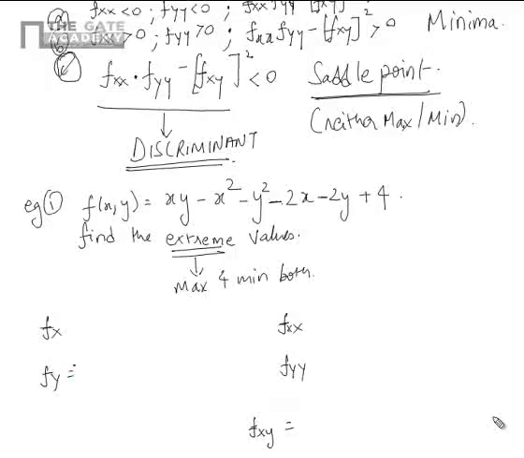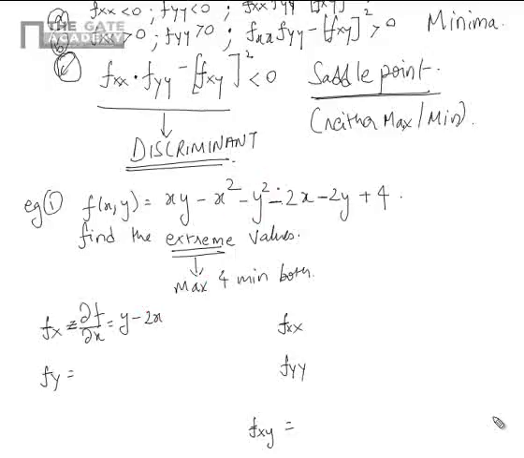What is fx? Fx is nothing but dou f by dou x. This is nothing but differentiation with respect to x alone. I am treating y as constant. That means I will get y minus 2x. X square on differentiation will give 2x.